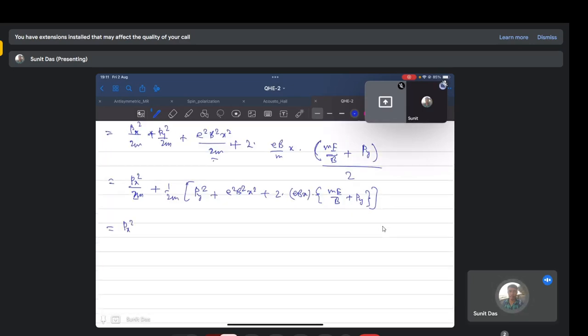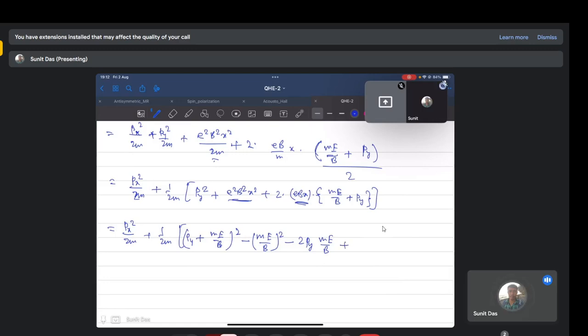So again, px square by 2m plus 1 by 2m. I need, so this eBx is there, but then I need py plus mE by B square. So as I took this extra term, I need to extract this mE by B square, and also the minus 2 py mE by B, right?